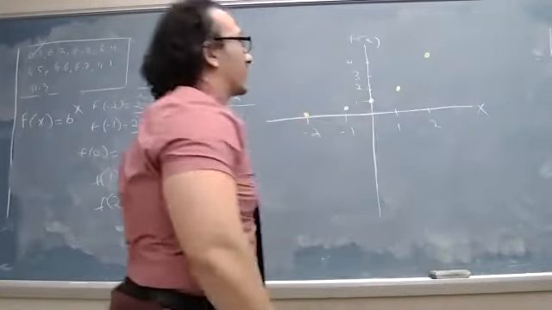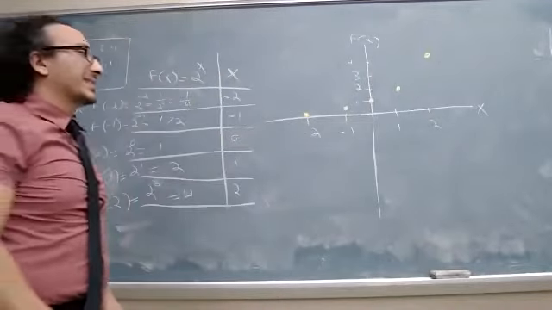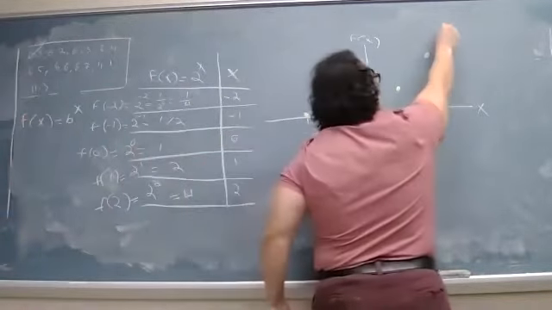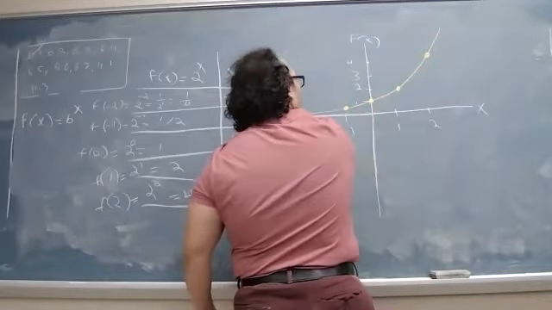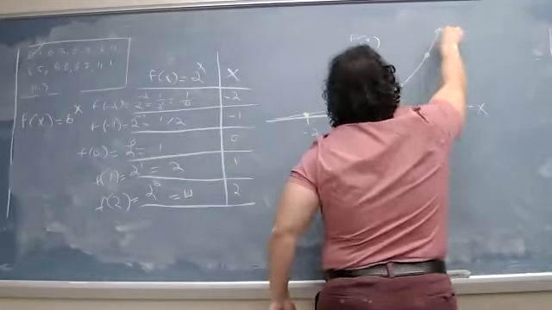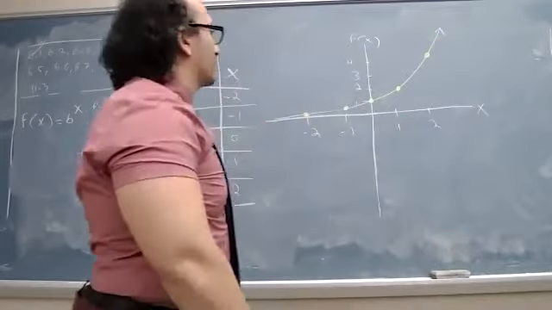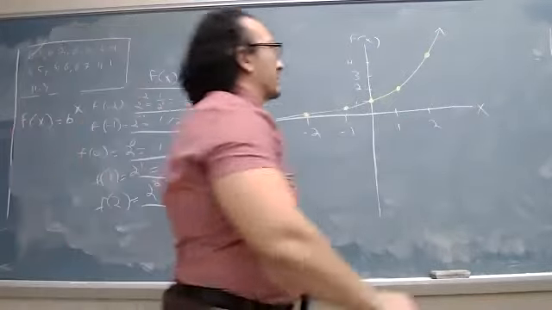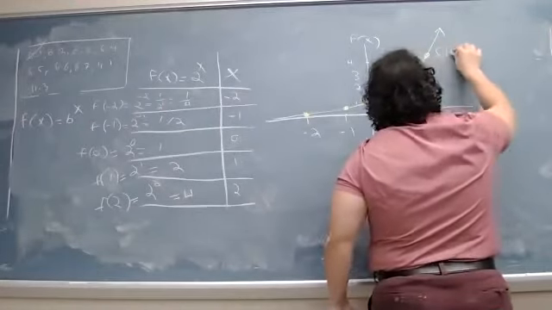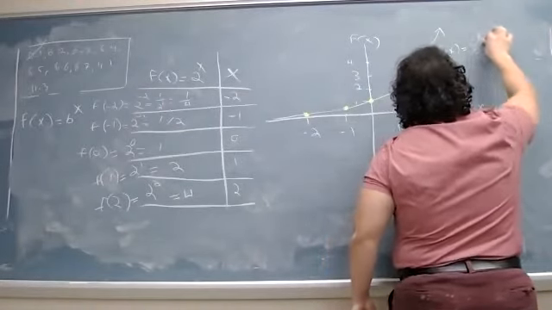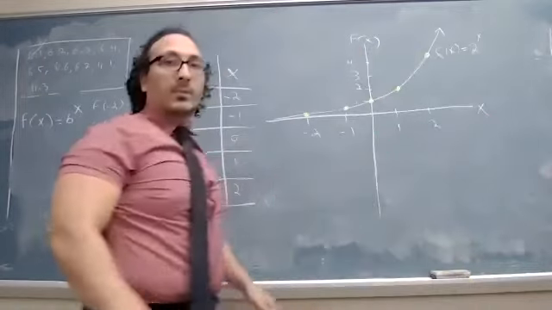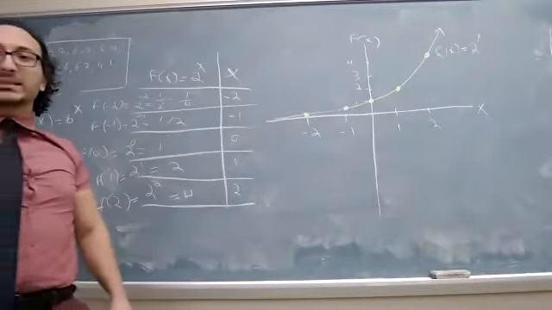So once we're done with doing that, like always, we just connect the dots. That's your function in yellow. Easy as that.